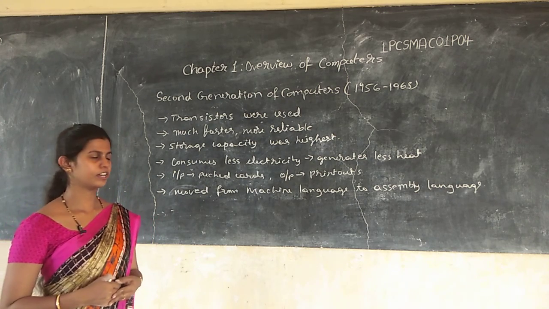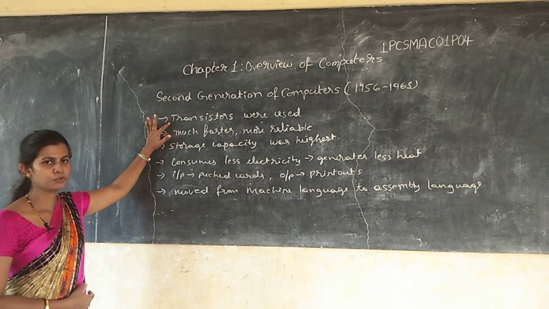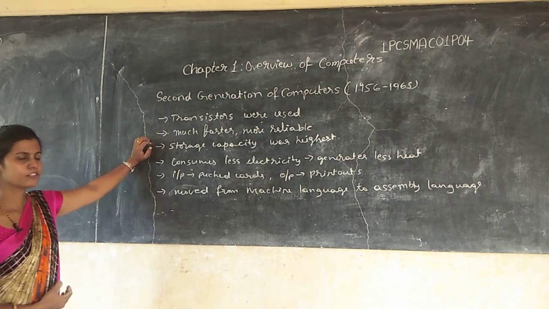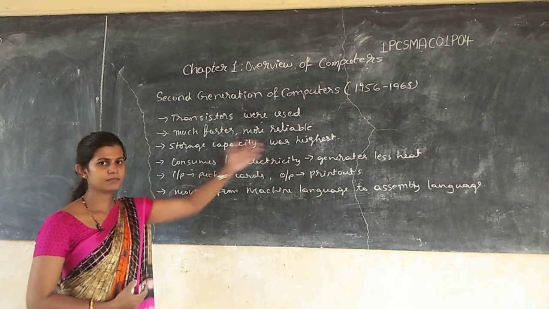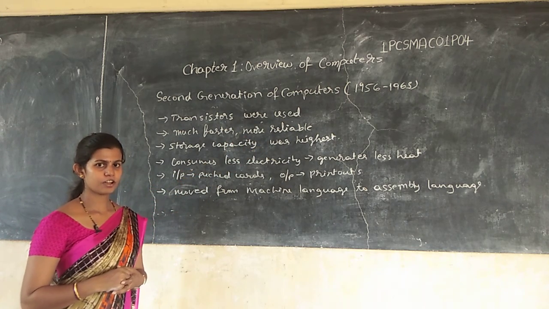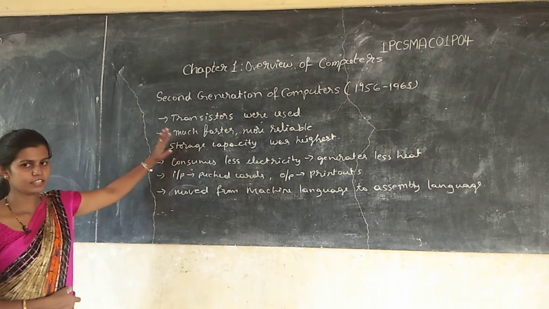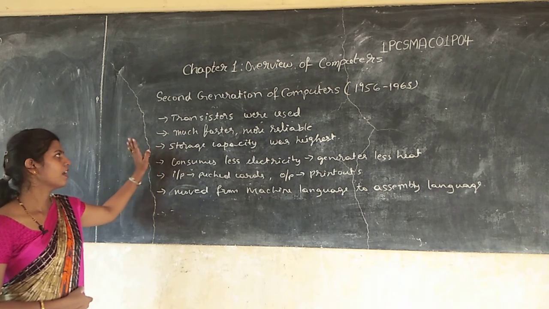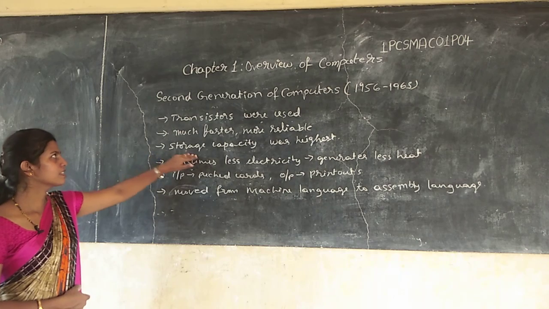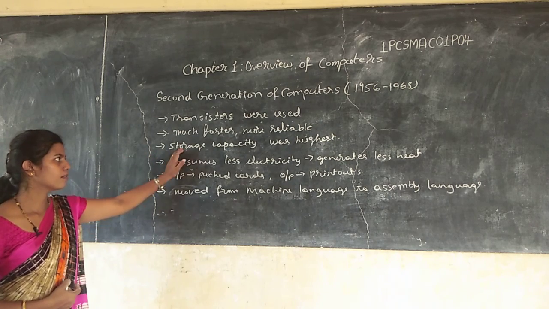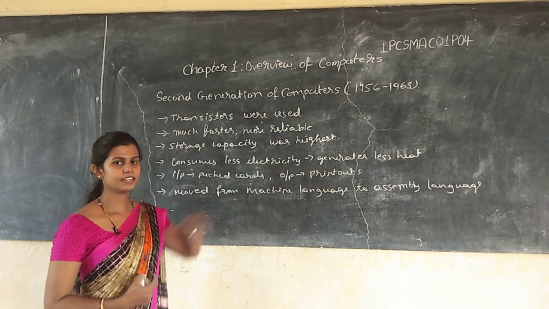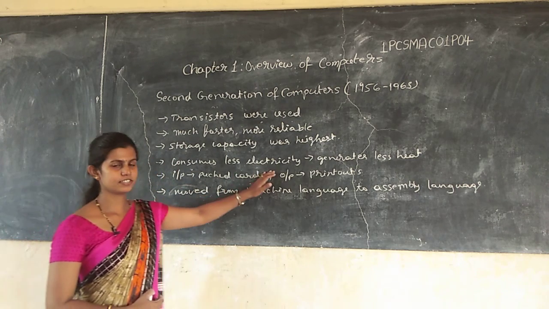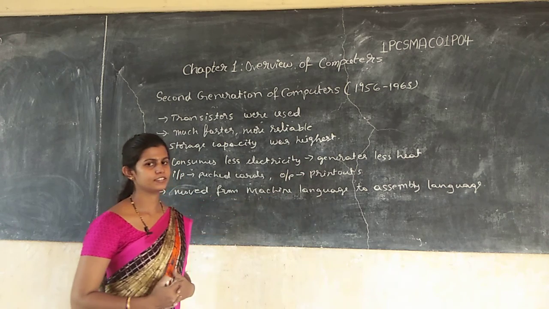The second generation computers were much faster and more reliable than the earlier generation computers. They are easy to use as compared to the previous generation, and the storage capacity was higher than the earlier generation computers, and they consume less electricity so that they generate less heat.